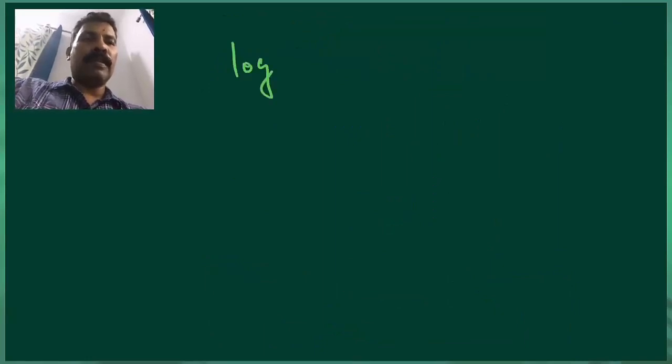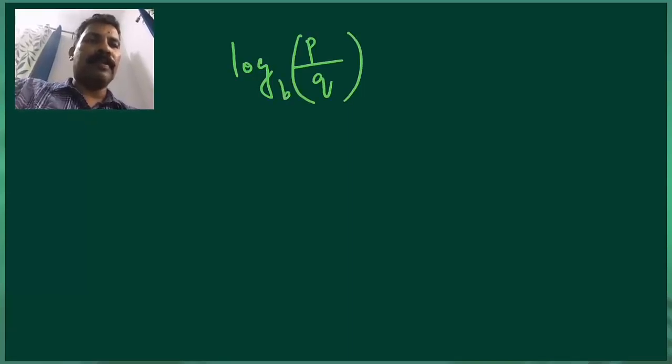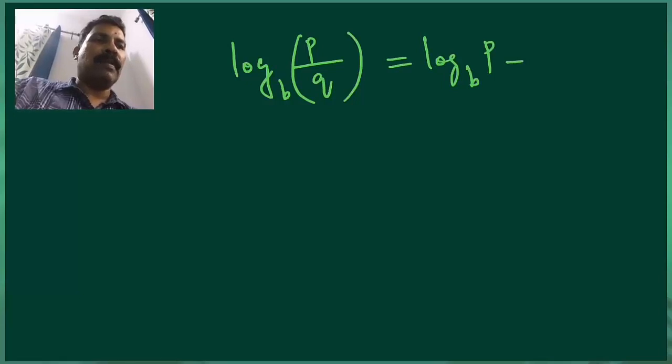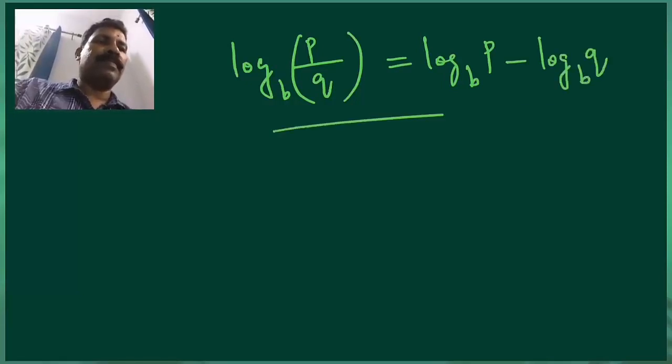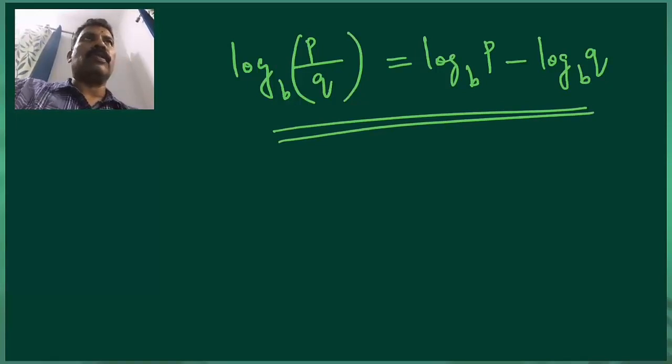Another rule is the logarithm of a quotient, log p by q to the base b, that is log p to the base b minus log q to the base b. So these are the rules you have to recollect for logarithmic operations.